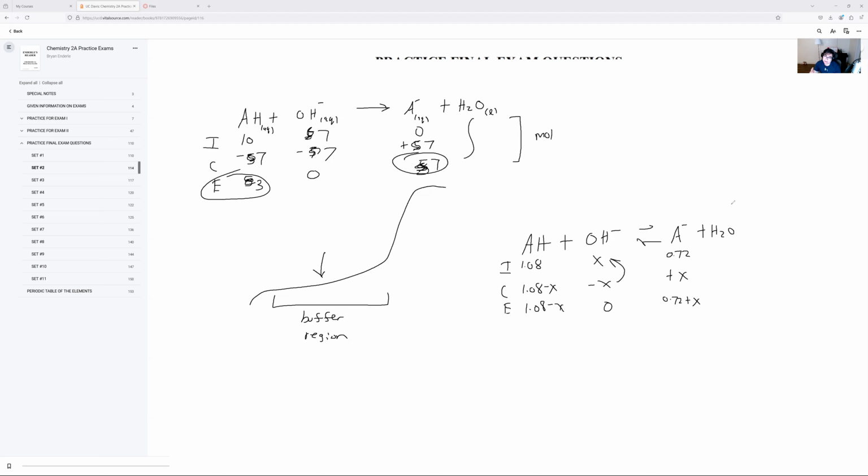Yeah, so they give you the pH. So they basically just give you everything that you need to solve for the X.